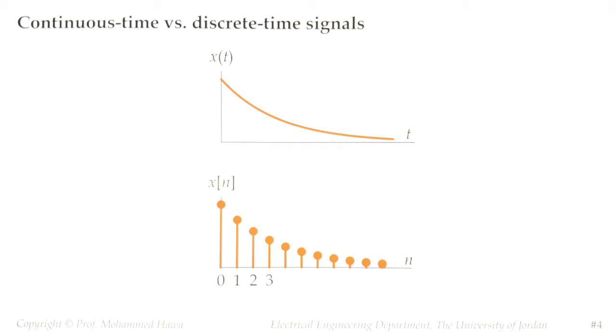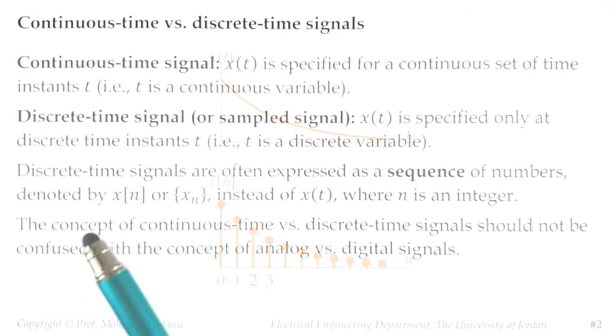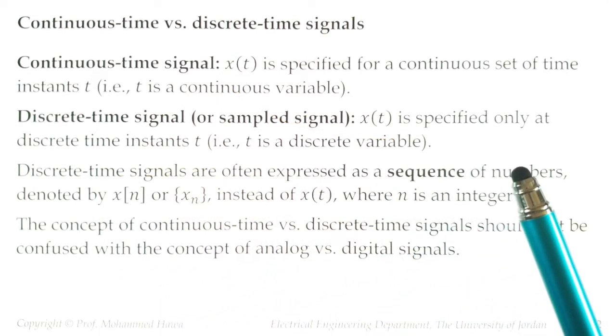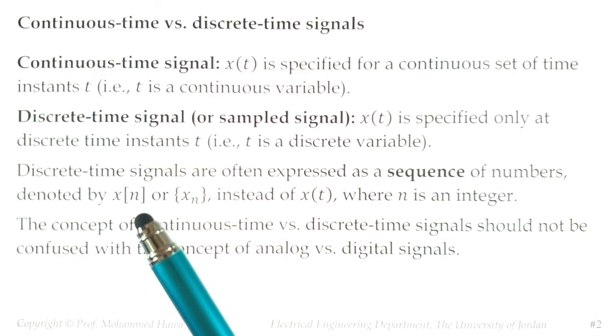In a lot of cases, instead of writing actual time here like 1.5 seconds or 2 seconds, we use an integer number to represent that this is sample number 0, this is sample number 1, sample number 2, sample number 3, and so on and so forth. A lot of times, discrete time signals are expressed as a sequence of numbers denoted by x of n.